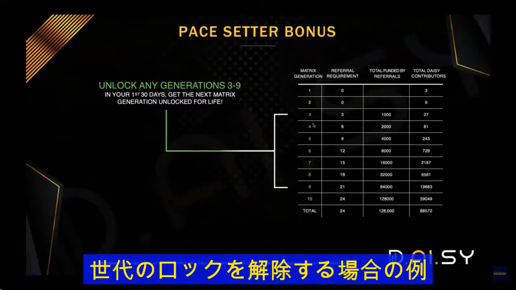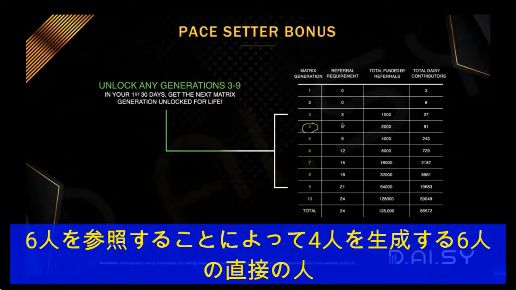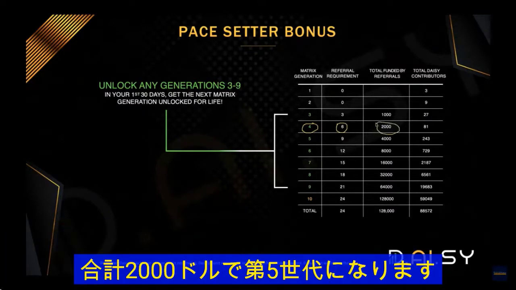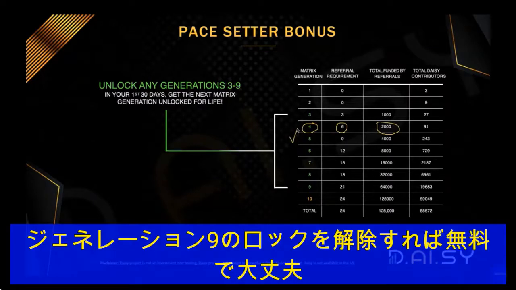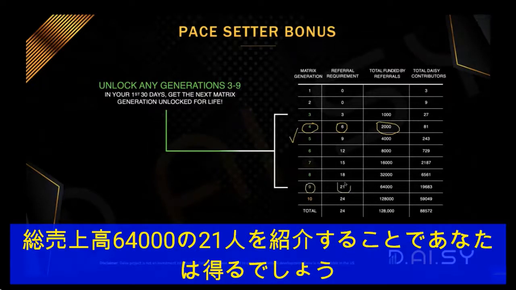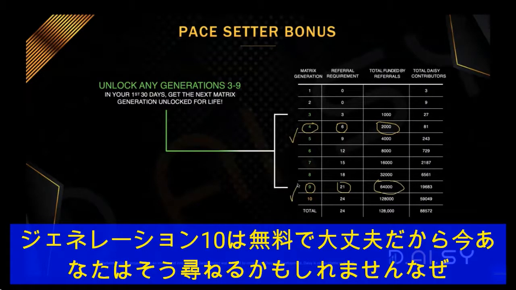If you unlock generation 4 by referring 6 direct people that generate $2,000 in total, you will get generation 5 for free. If you unlock generation 9 by referring 21 people with total sales of 64,000, you will get generation 10 for free.